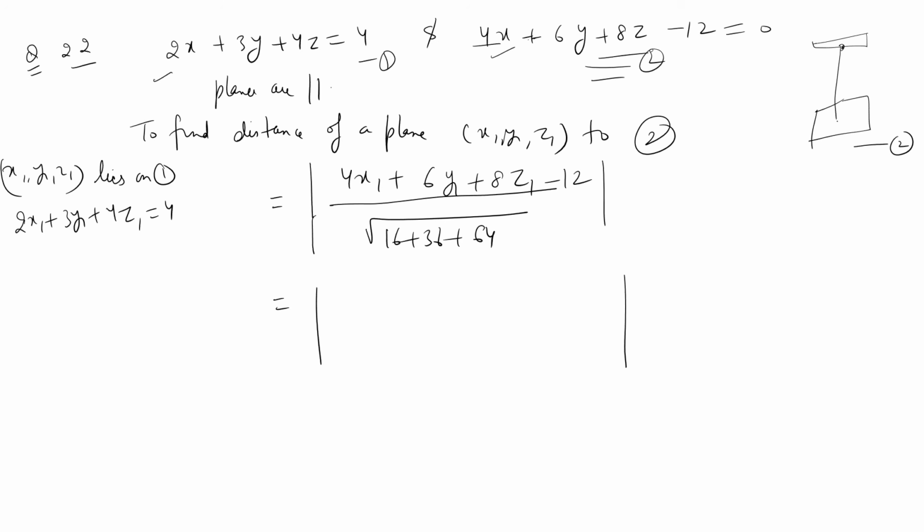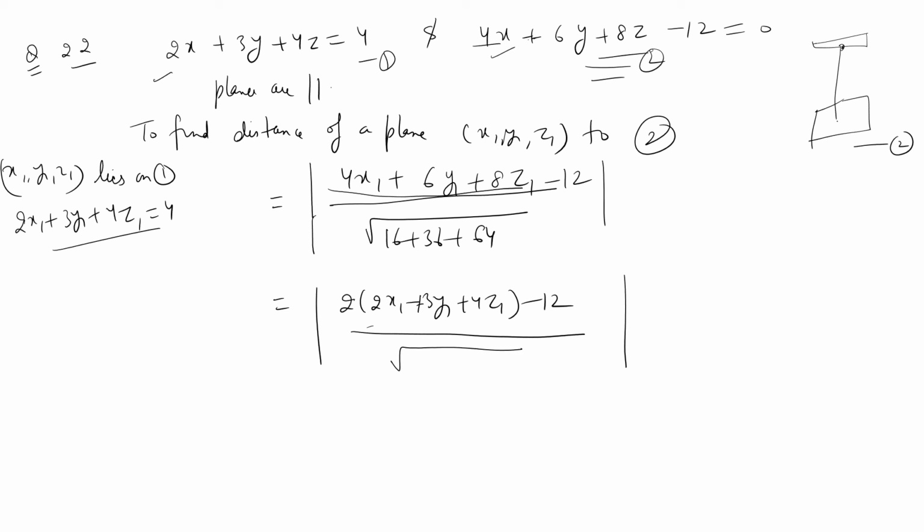Okay, so see from here, from these terms I can take 2 common, 2x1 plus 3y1 plus 4z1 minus 12 upon, this turns out to be under root 16, 36 and 64, which is 116.